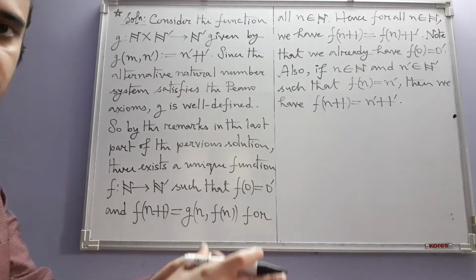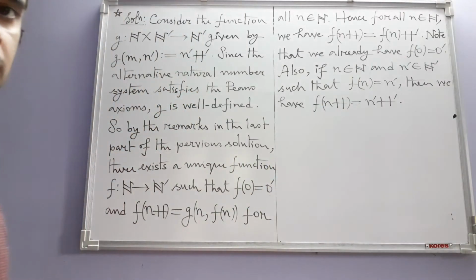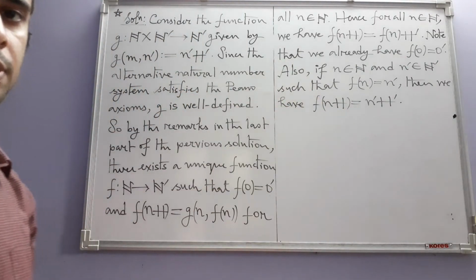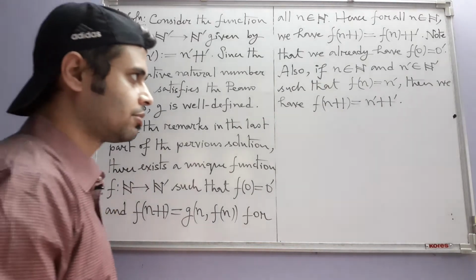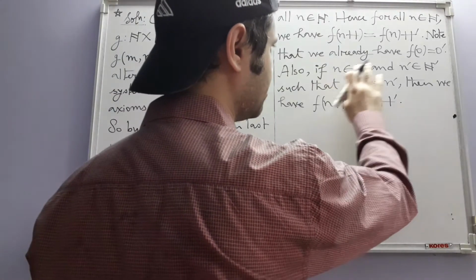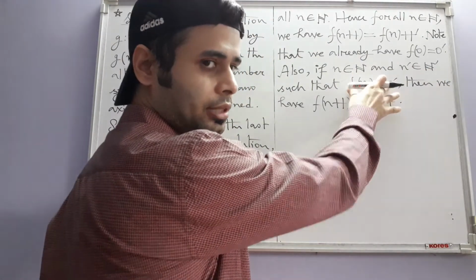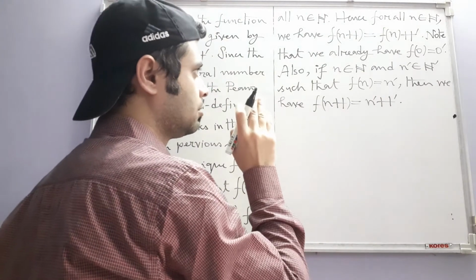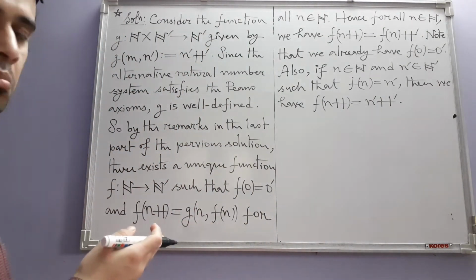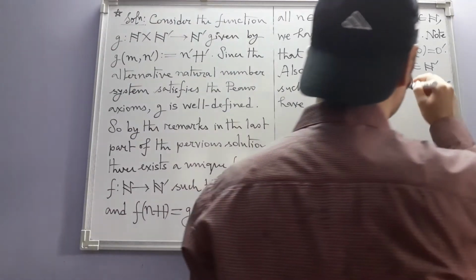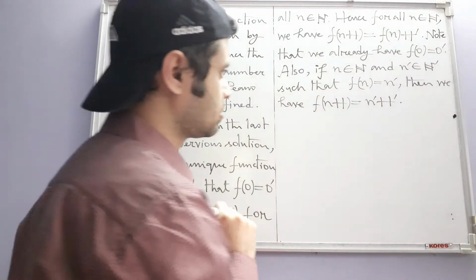So one part of that equivalence is already available to us. I mean, it's an easy consequence. The converse has to be proved: if we have this and this such that this is true, then this is true. Before we prove that, let us just prove that f is bijective, because we need that in the converse somehow.